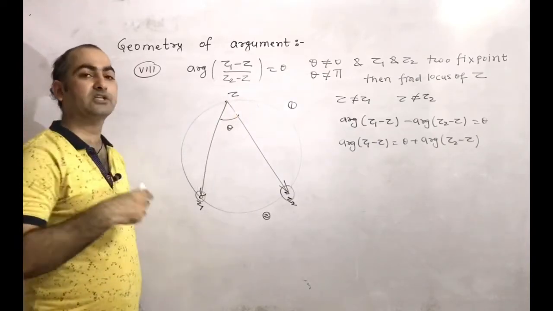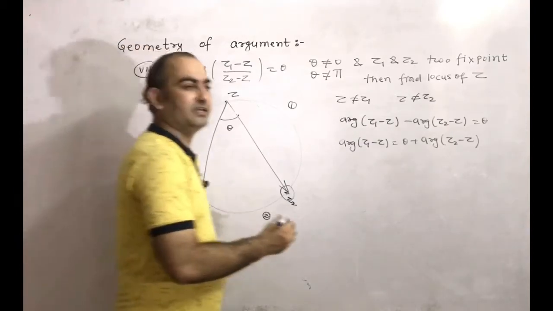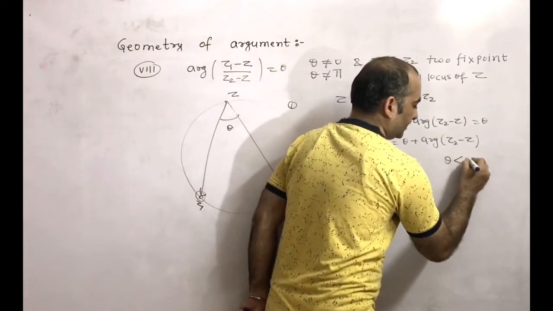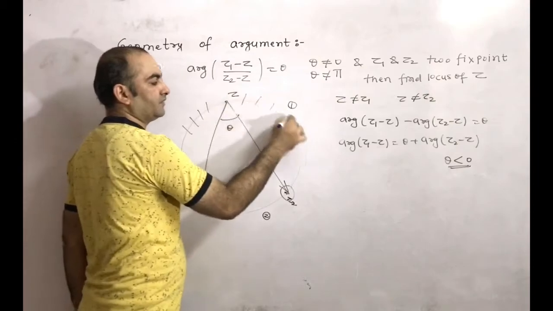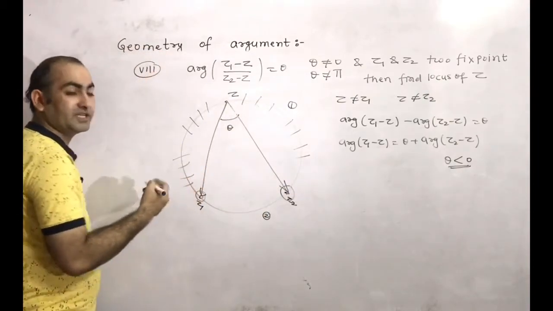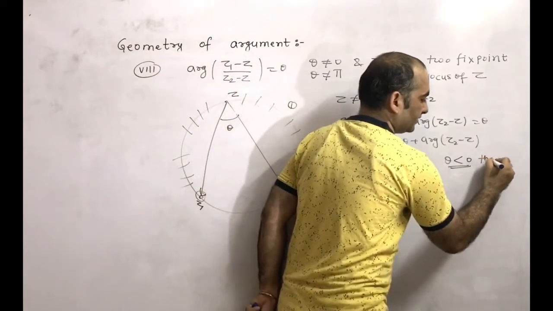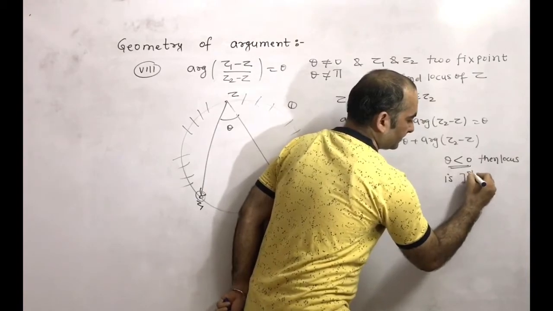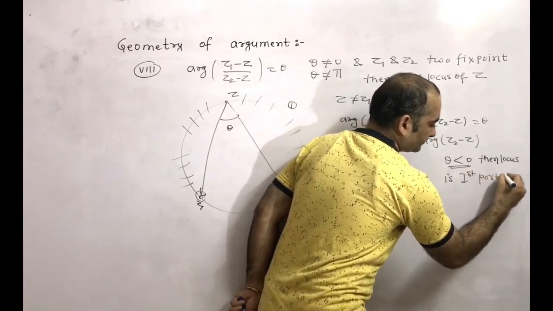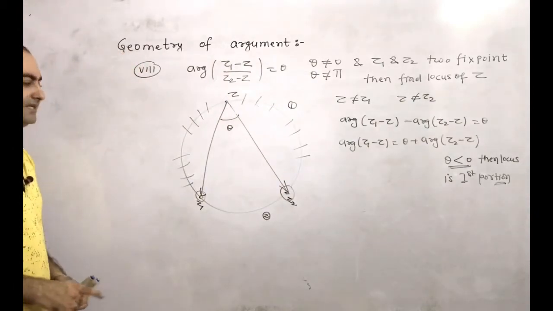If you are rotating in clockwise direction, that means theta should be negative. Then we'll get first portion. So we can say for first portion theta should be negative. If theta is less than 0, then locus is first portion.